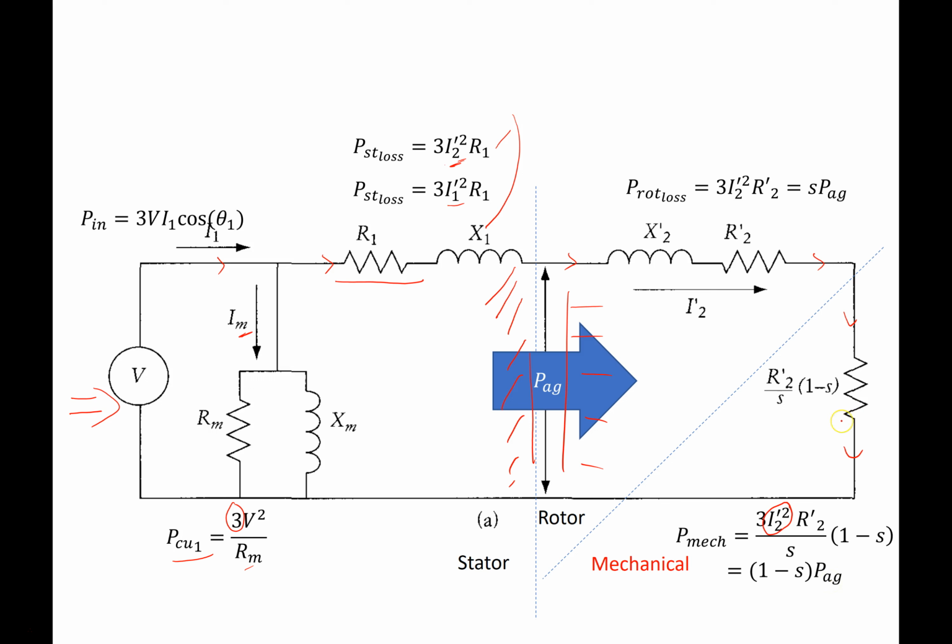This power contains in it both the friction and windage and the load power, the power that the user needs to get out of the machine. You can't separate this further because the no-load power, the friction and windage and so on, would often be considered a constant.